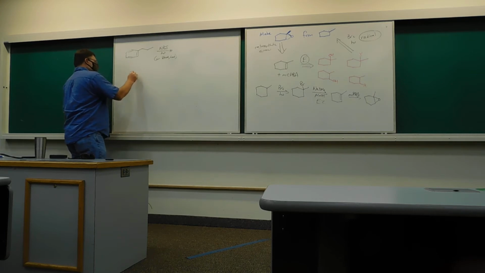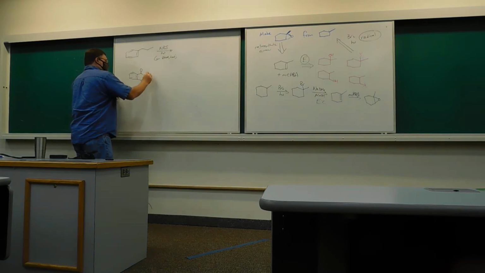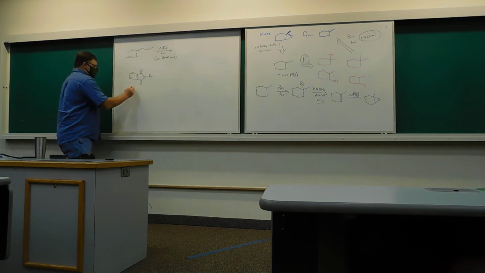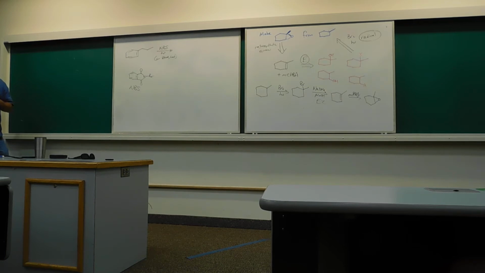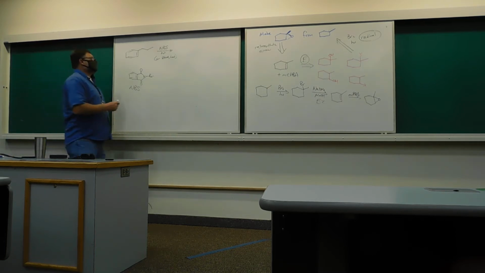NBS is N-bromosuccinimide. It's this molecule. And I cannot think of this reagent without the word damn it associated with it, because when I sat where you sit, I never could remember what this thing did. And so, anyway, you can follow the story from there.